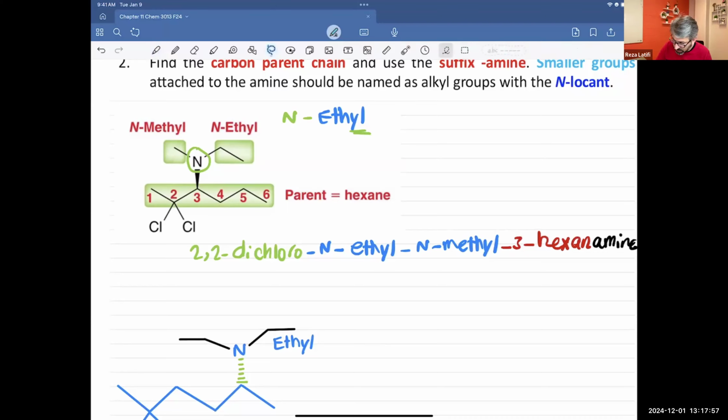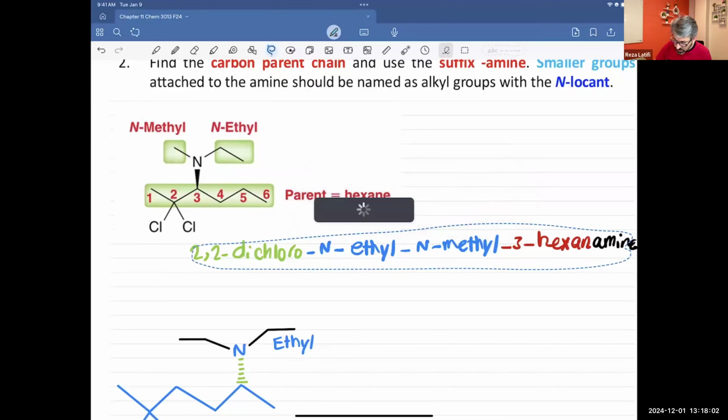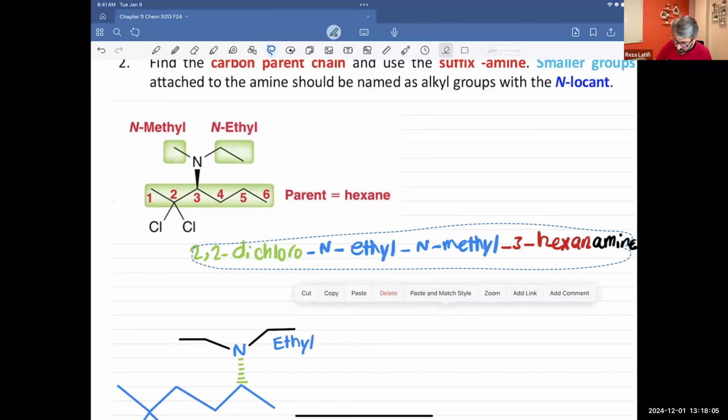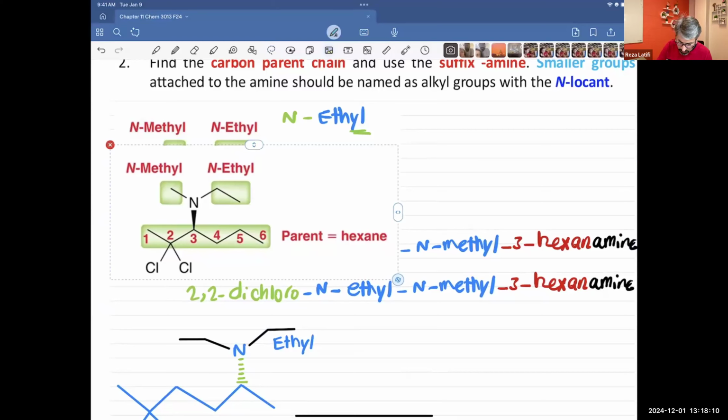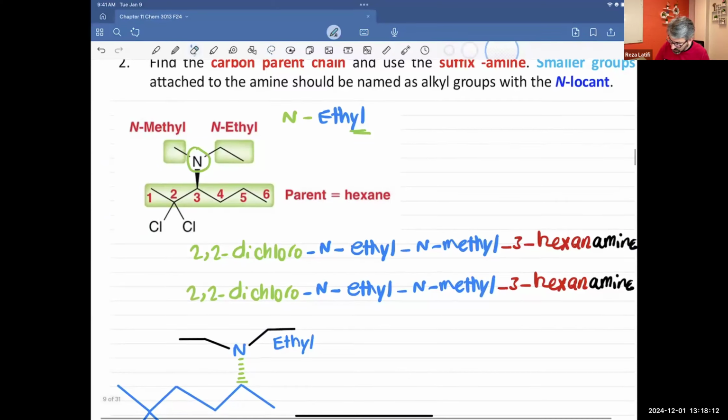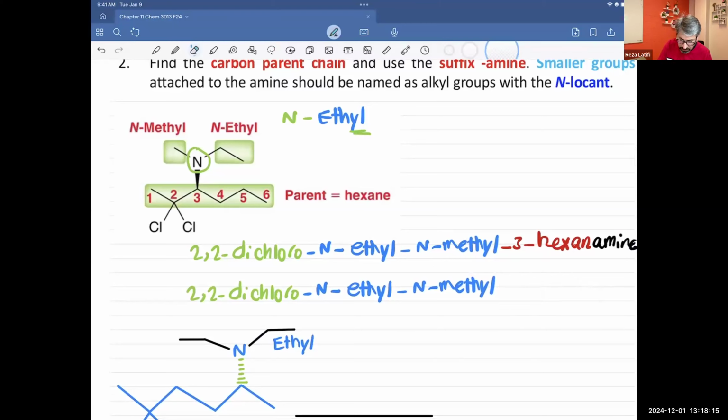Another way to write it, let's copy paste the entire thing. I'm going to get rid of that, and here I will adjust this part. Simply, I say hex, hexane, and then I say dash 3 dash amine.